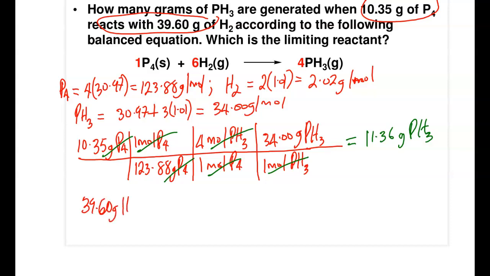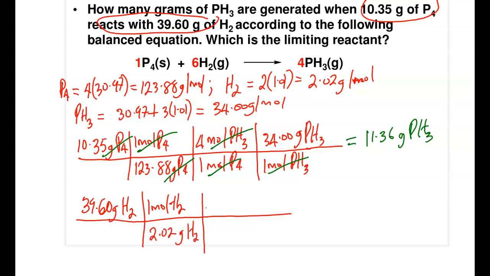So it's going to be 39.60 grams of H2. I want to convert this to moles of H2. Remember that a mole of hydrogen is equivalent to 2.02 grams of H2. And what's the mole ratio? 6:4. So 4 moles of PH3 will be equivalent to 6 moles of hydrogen. And then I'm going to convert that to the mass of PH3.